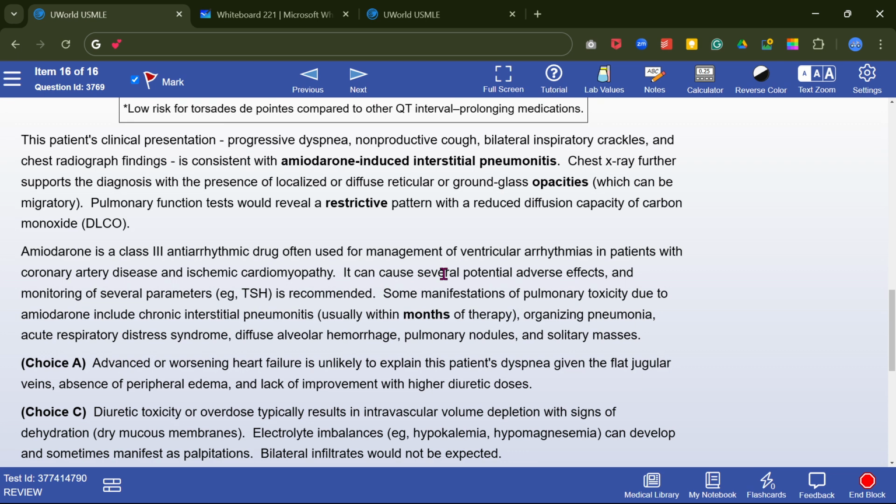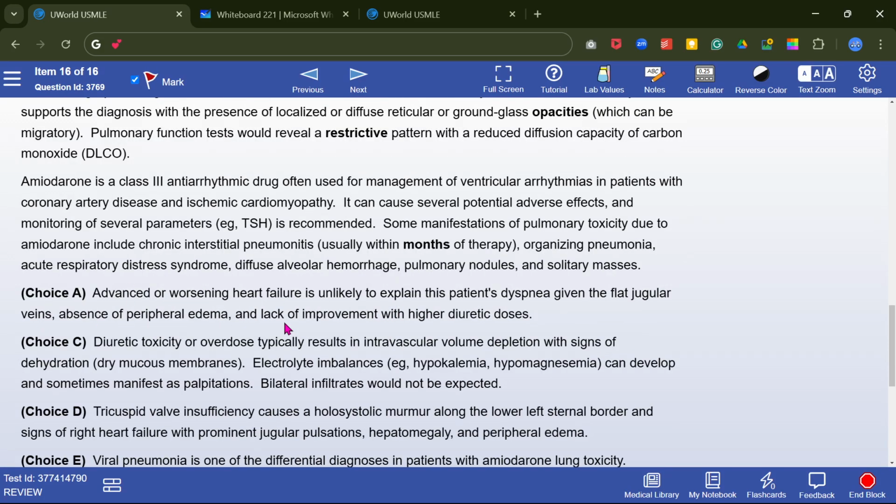Several potential risk factors exist and monitoring should be done; organizing pneumonia and respiratory distress can happen.